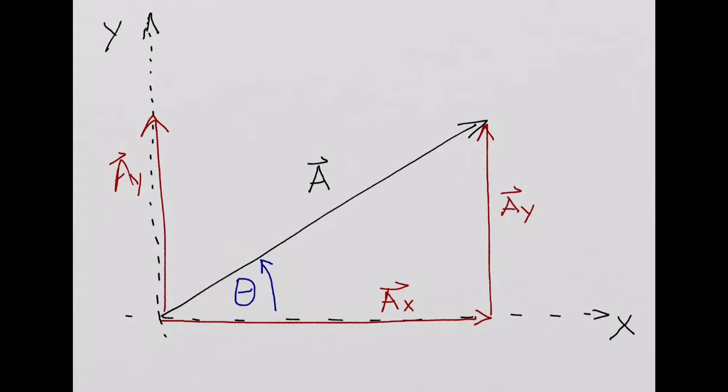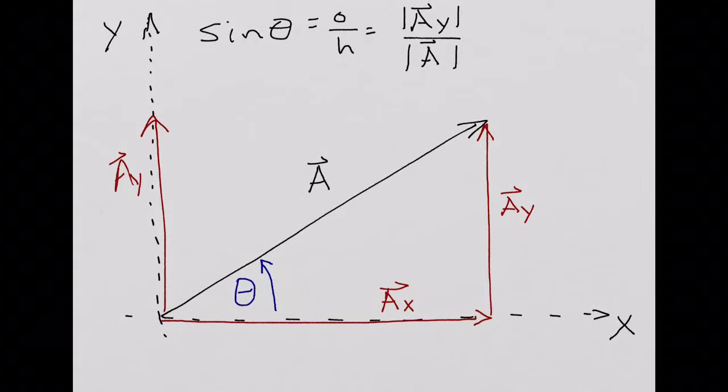Now in this situation, the sine of my angle, sine theta, is equal to the opposite over the hypotenuse. The opposite is A sub y, and the hypotenuse is A. Those are both vectors. They have little arrows over them. And what we're going to do is just use these vertical bars to signify that's a magnitude. That's a magnitude.